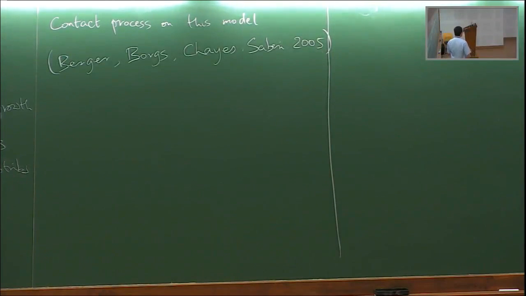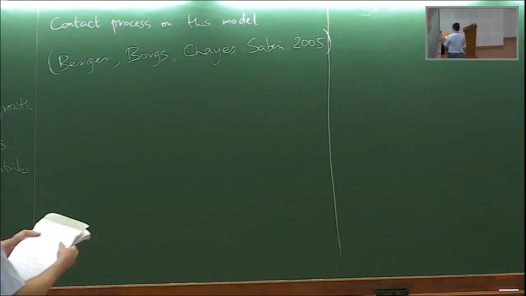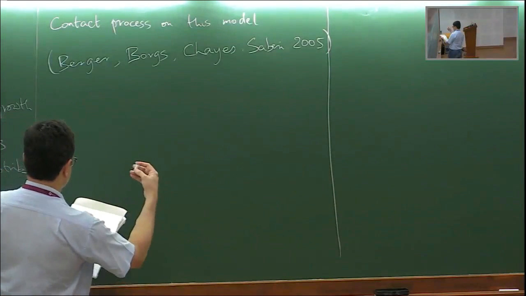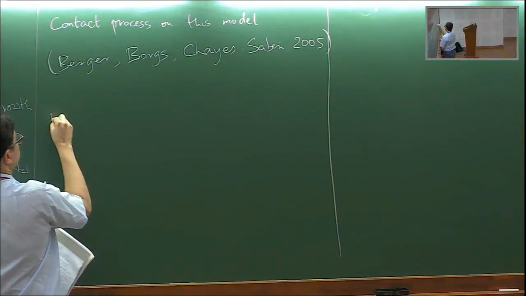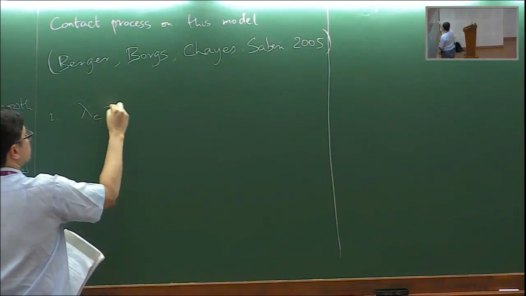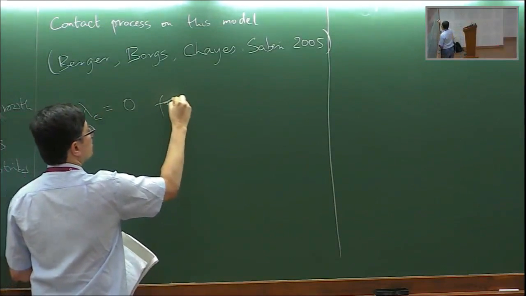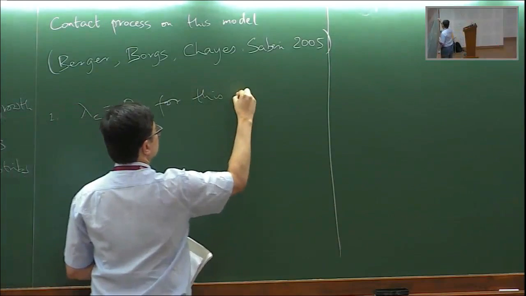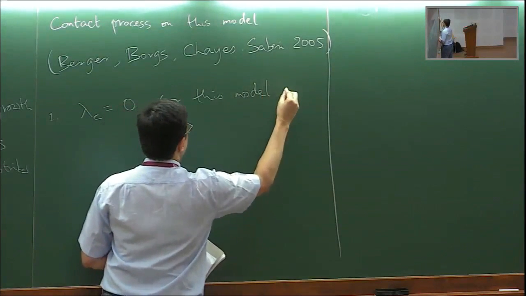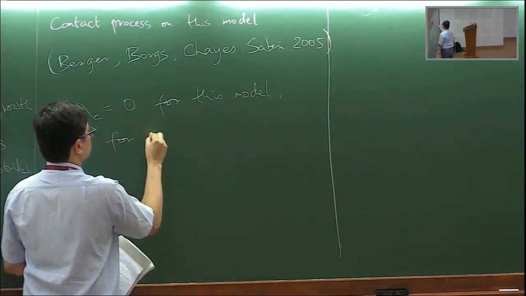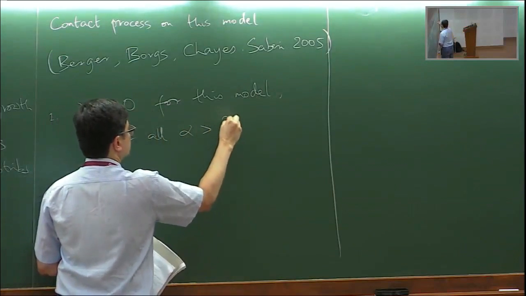And what they showed was the following. The first observation is that lambda_c equals 0 for this model for all alpha bigger than 2.